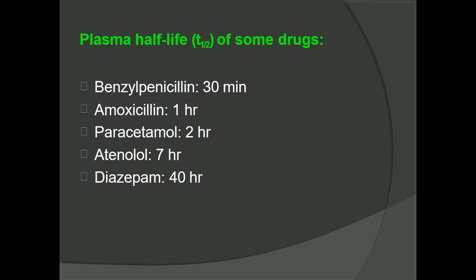It means the concentration of 50 milligrams will be reduced by 50%, half of its original concentration, in this period. So in 7 hours the concentration of the drug will be reduced from 50 to 25 milligrams.